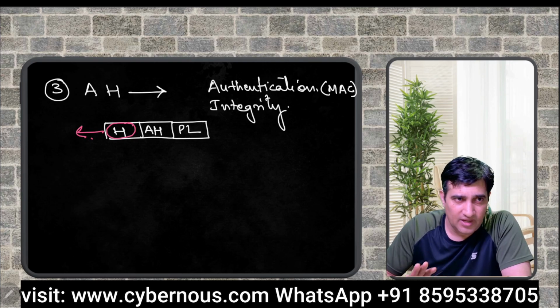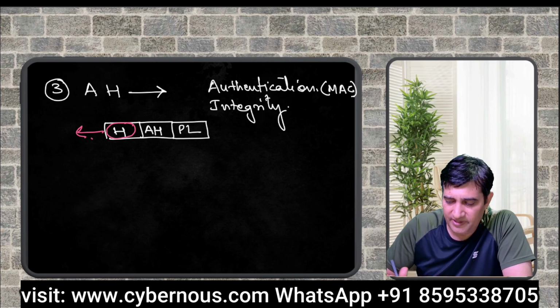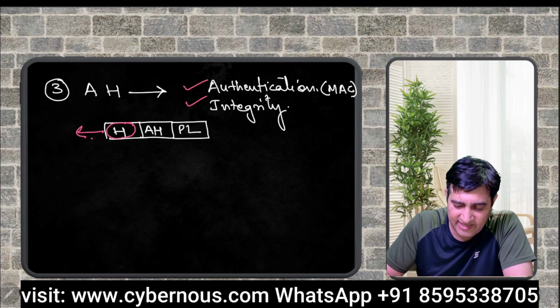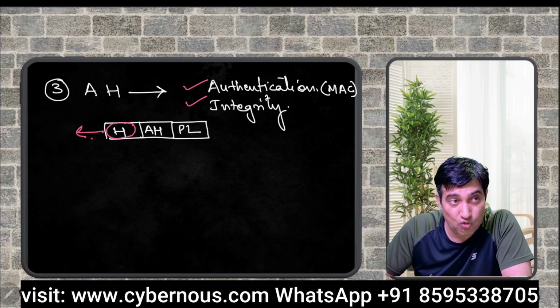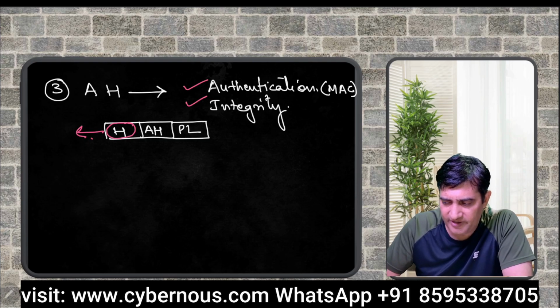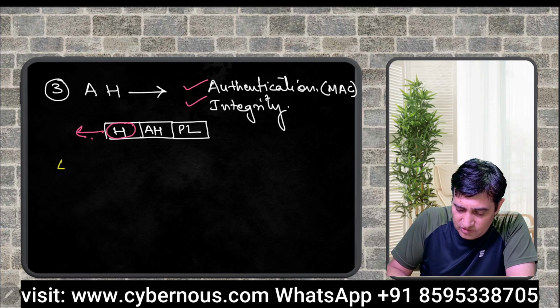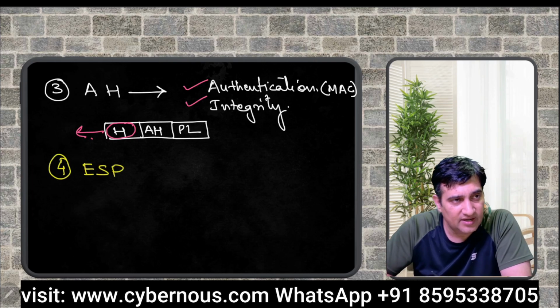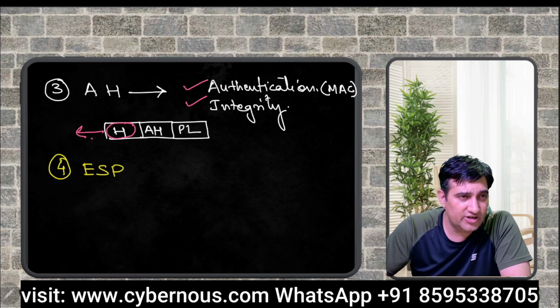This kind of thing is good within your company because it provides you authentication and integrity, but there is no confidentiality in that. If you need confidentiality as well, then we use another protocol which is called ESP, Encapsulated Security Payload.